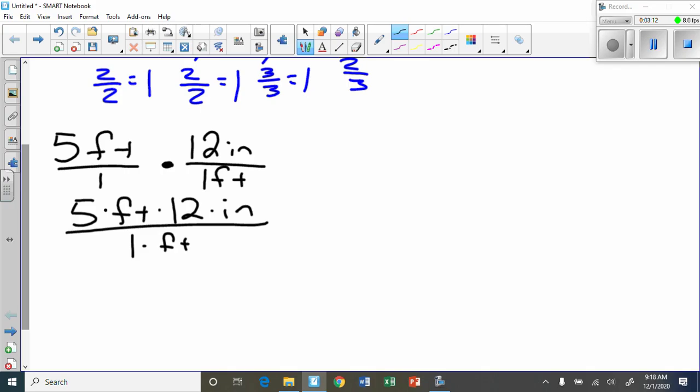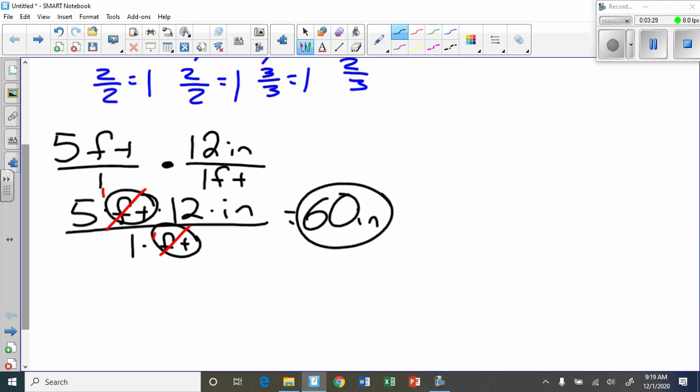Is there anything that can cancel? Yeah, this feet and this feet can both cancel. Bam, bam, 1, 1. Now what I'm left with is 5 times 12 is 60 inches. Does that make sense?